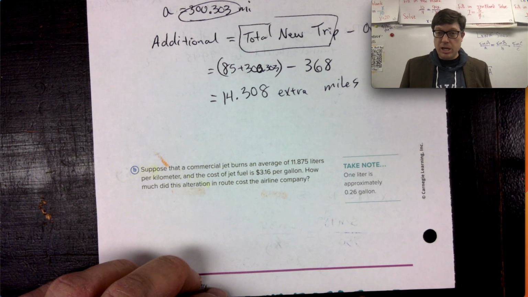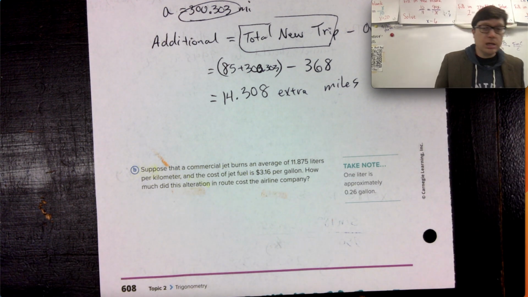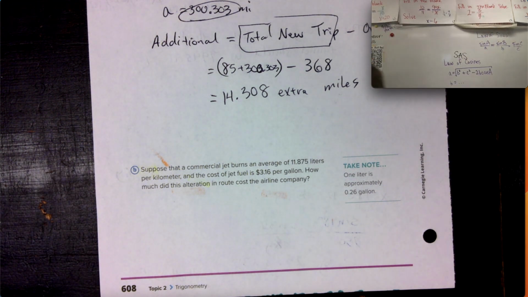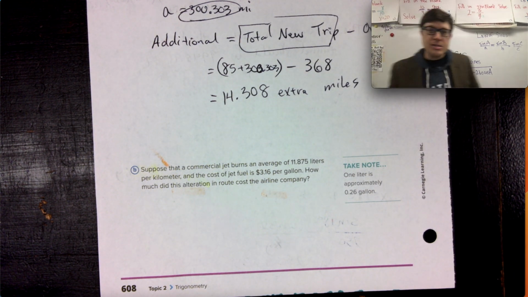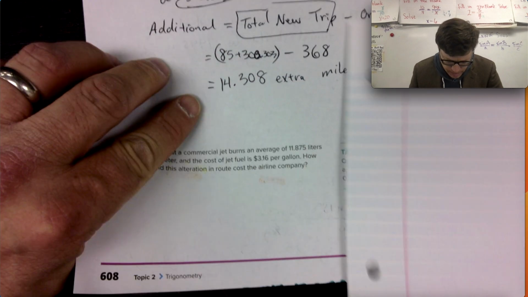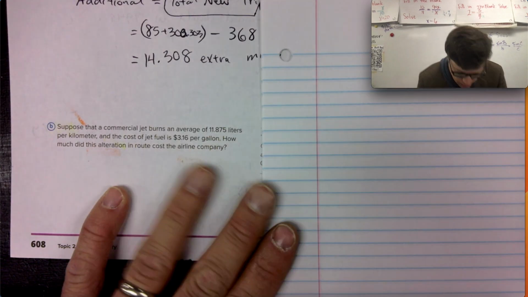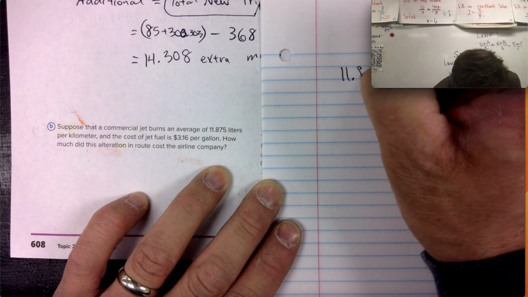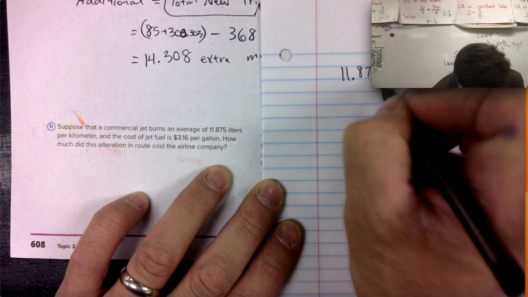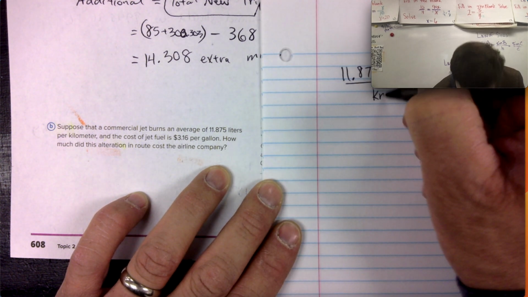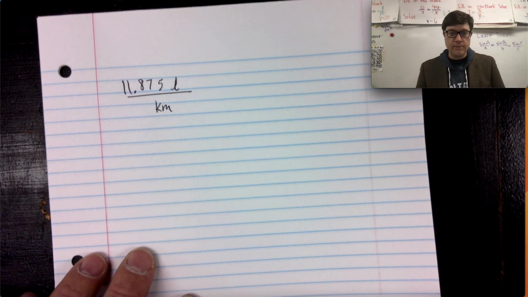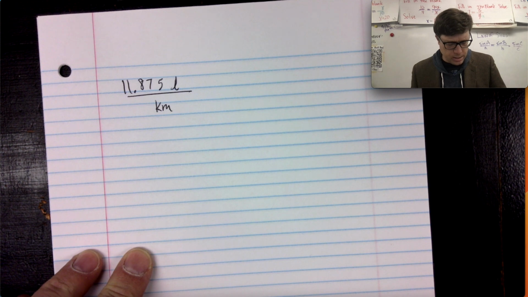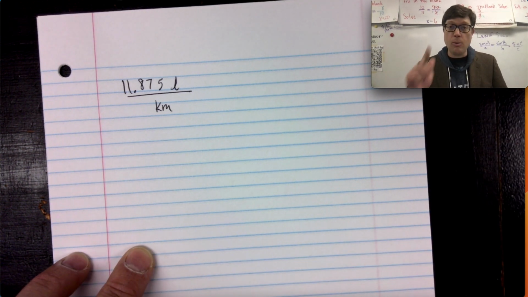So the first thing we're going to need to do is turn 11.875 liters per kilometer into gallons per mile. I want gallons per mile.